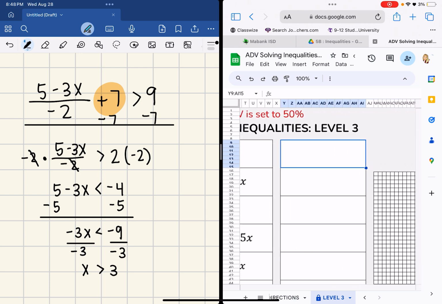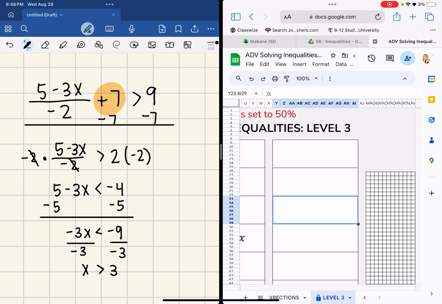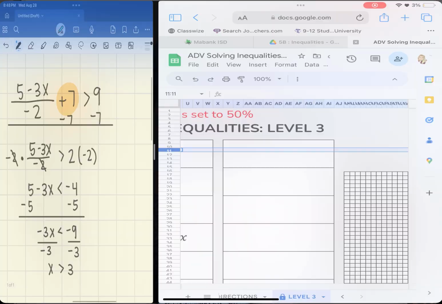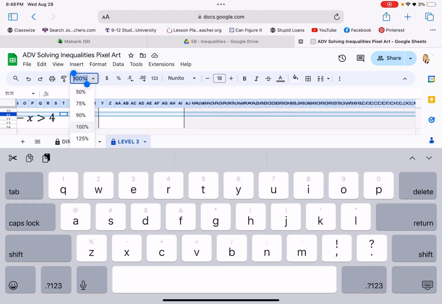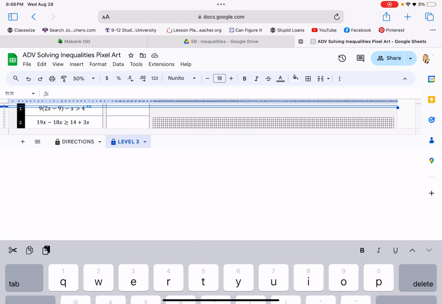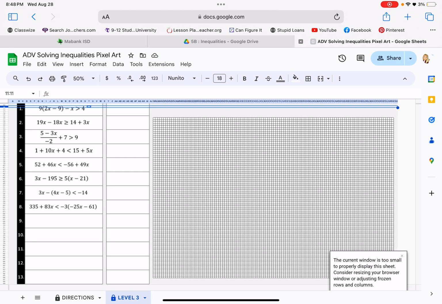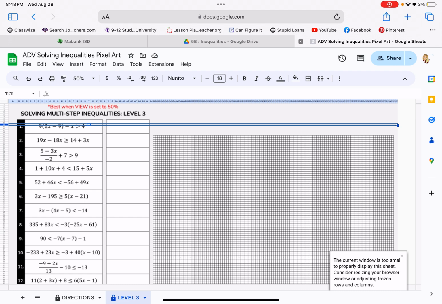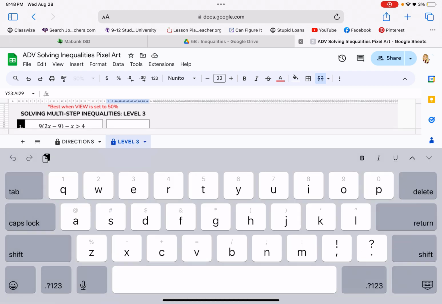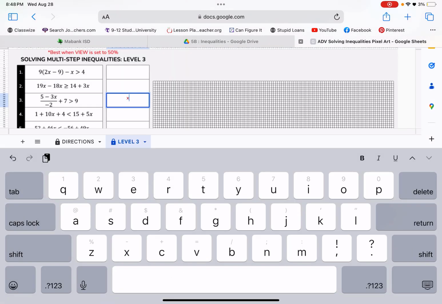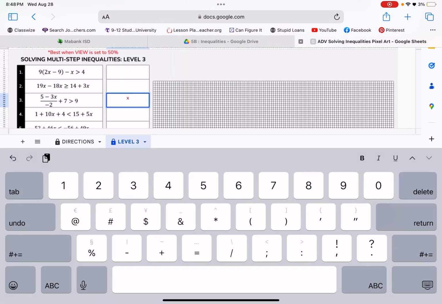Your answer to number 3, if it'll let me type it, is x is greater than, where's my greater than sign, 3.